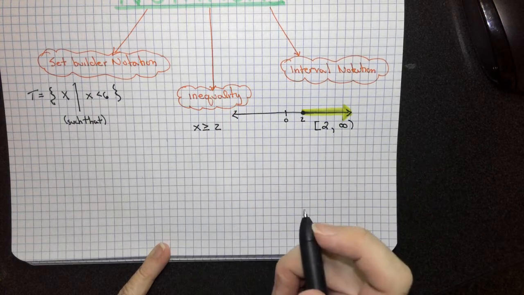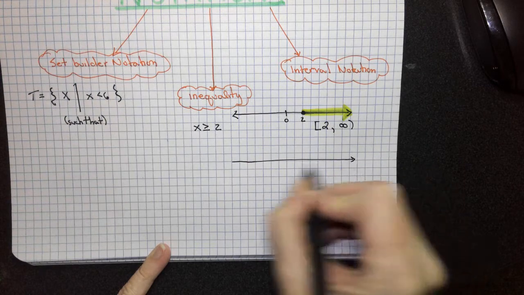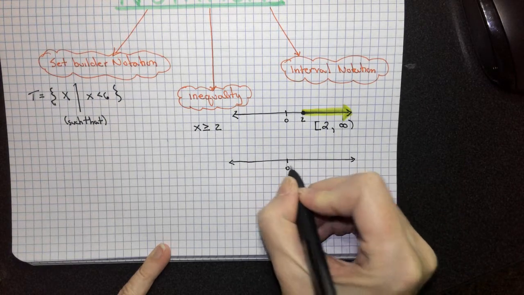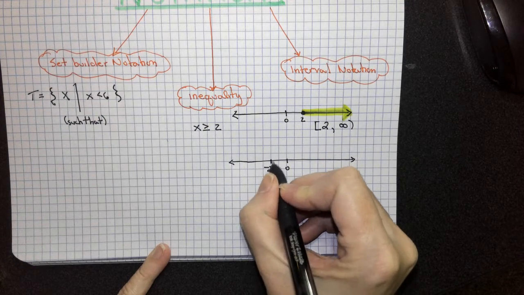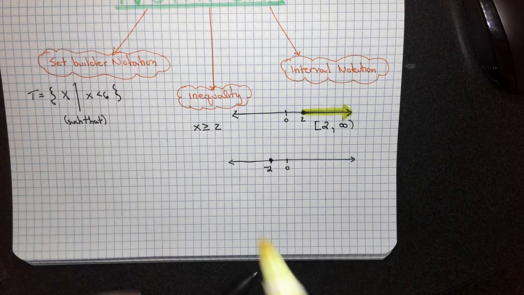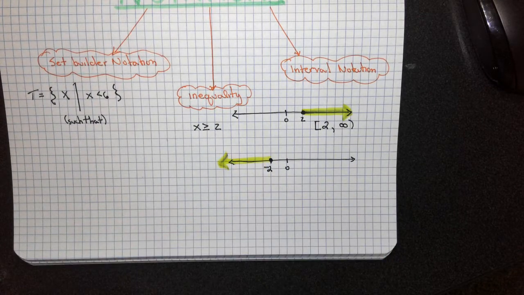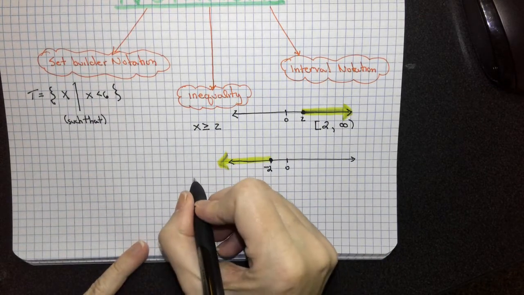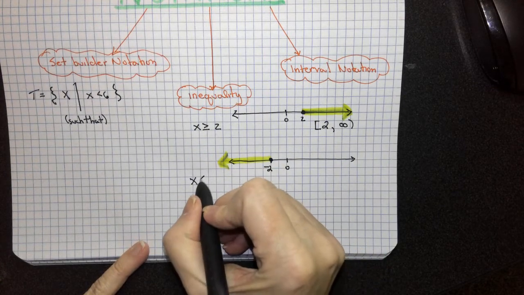This is inequality. Let's try another one. All right, so here's my 0 again. And maybe this time I'm going to come from this direction. I'll have -2 this way. All right, so what's happening to my x? It's going less than.